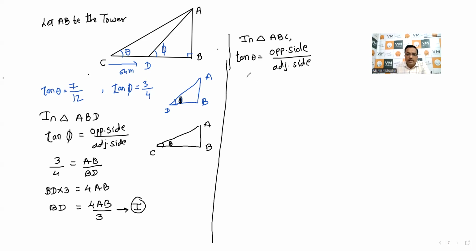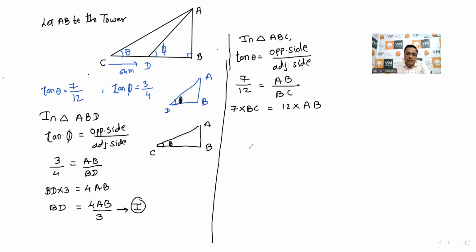The value of tan theta is 7 by 12. Opposite side is AB and the adjacent side is BC. Okay, so just cross multiply again. 7 into BC is equal to 12 into AB.